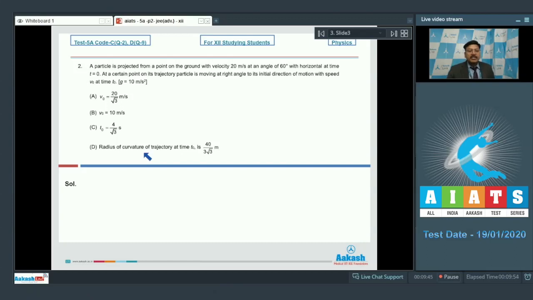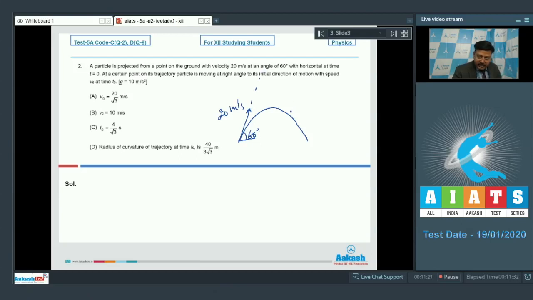Obviously the question involves concepts of projectile motion and also circular motion, where we find radius of trajectory of particle. Let's say this is the trajectory of the projectile, and this is the velocity of projection, which is given as 20 meter per second. This angle of projection with horizontal is given as 60 degree.